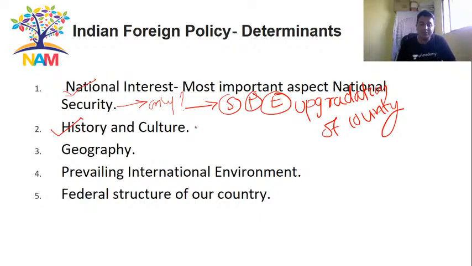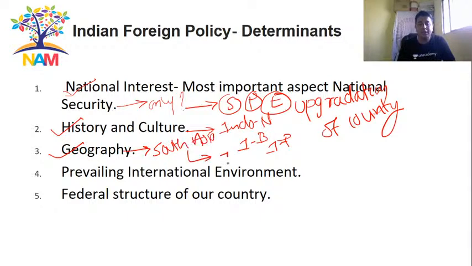We mentioned the examples of Indo-Nepal, Indo-Bhutan, Indo-Pakistan. Geography also played an important role. We mentioned the South Asian region, basically the Indian subcontinent.